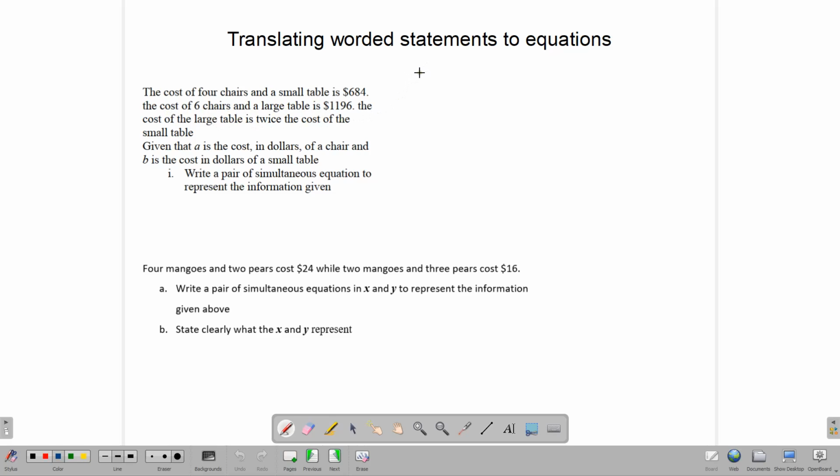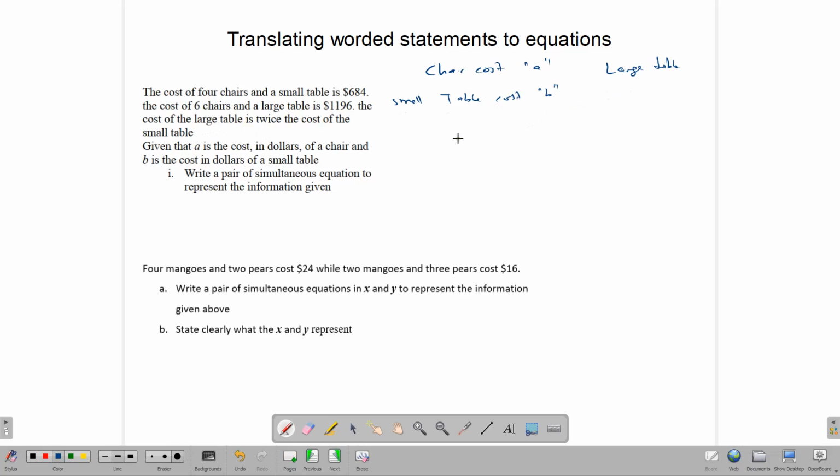So we have, given that A is the cost in dollars of a chair, and B is the table cost, that is the small table. But there's also a large table. And a large table has double the cost of a small table.